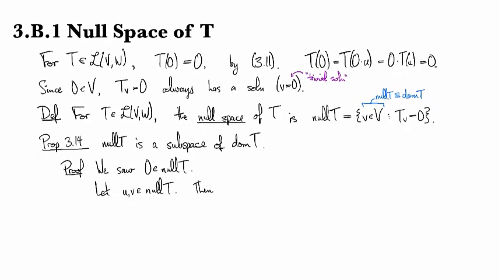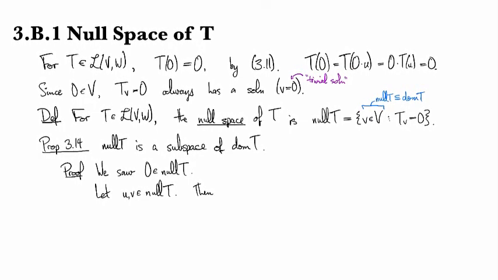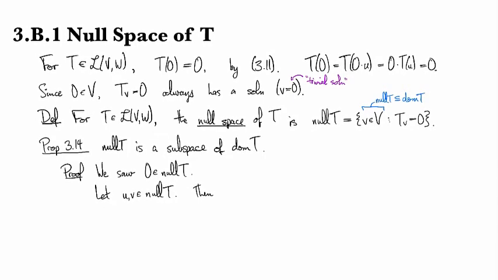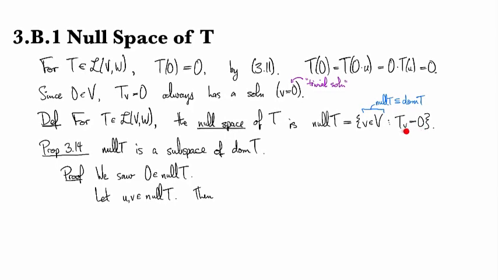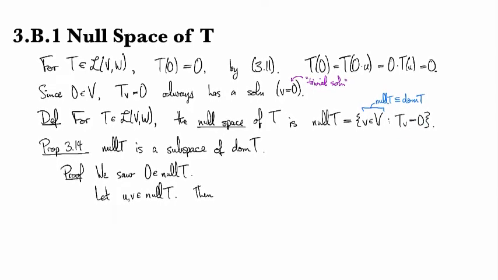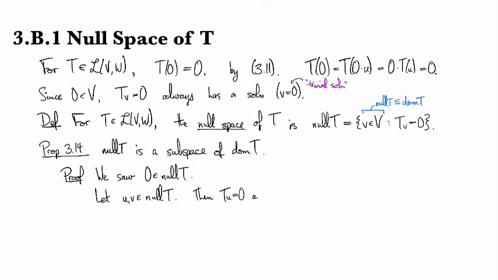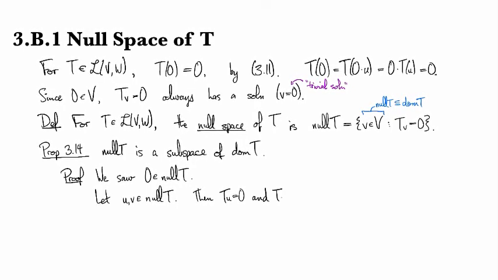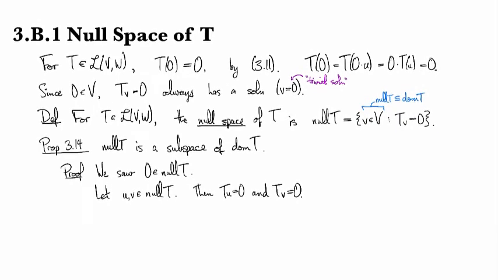And since we've picked them, we write down what we know to be true for them. So in view of the definition that we just wrote down, we know that Tu is equal to 0 and Tv is equal to 0. And so we have to figure out how to use this.